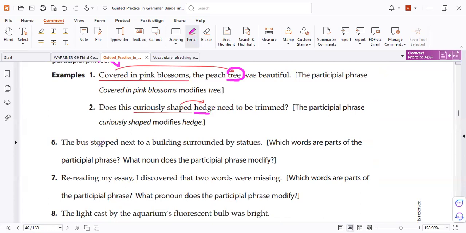Again, the bus stop where next to the building. The building which was surrounded, but that is a past participle phrase to modify the building. And this is a prepositional phrase to modify the action where the bus stopped.